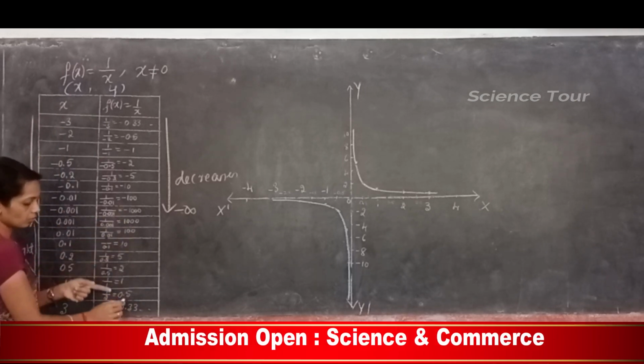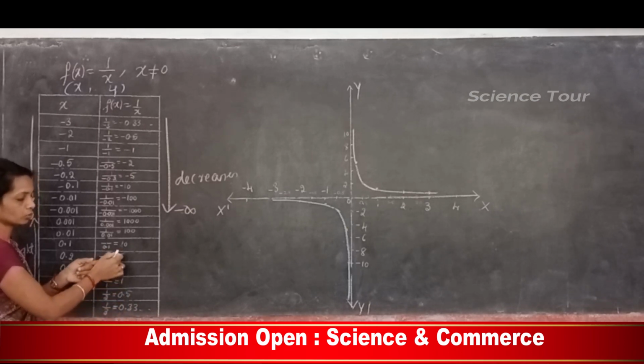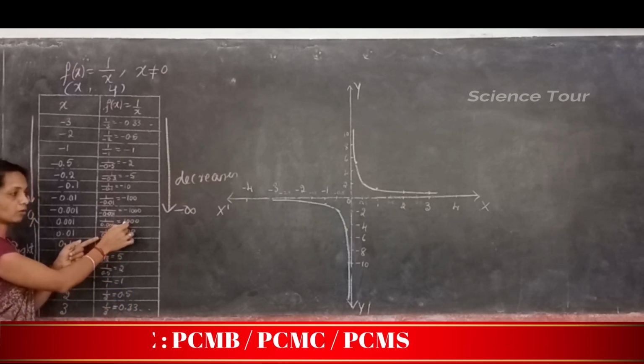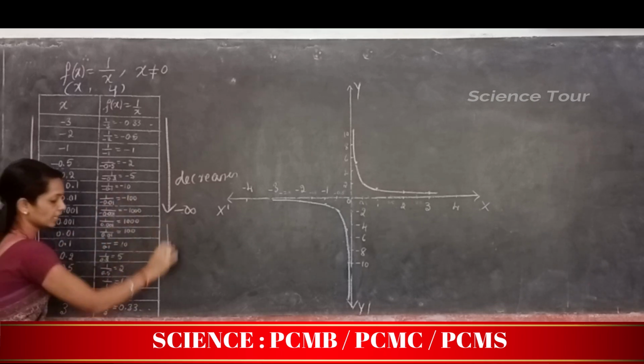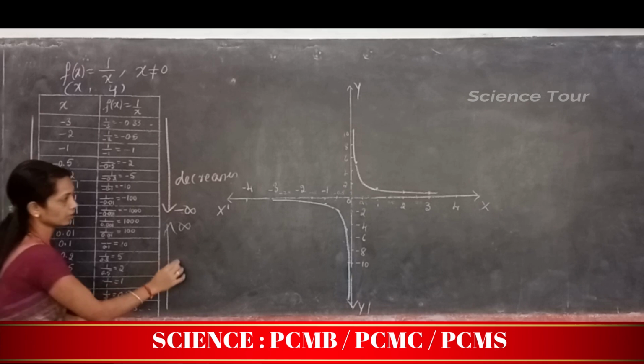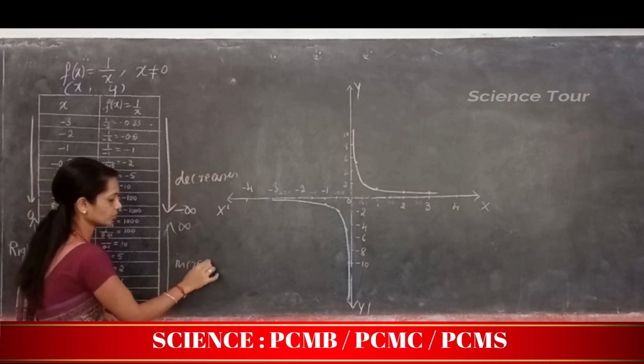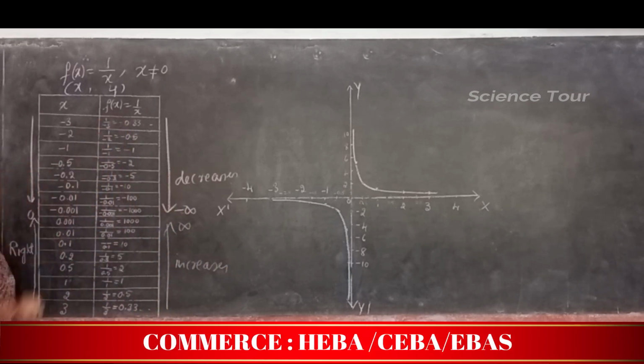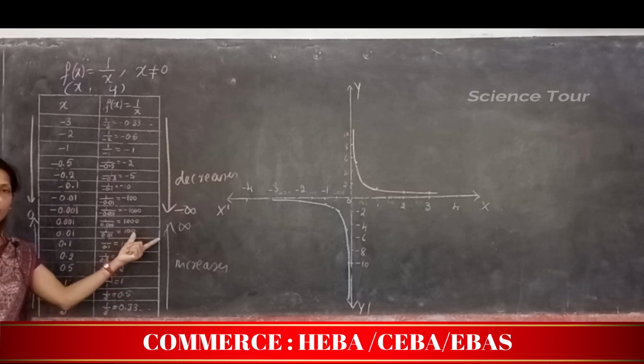First it is 0.3, next 0.5, 1, 2, 5, 10, 100, 1000, like that, increasing to what? Increasing to plus infinity. The value of f of x increases to plus infinity.